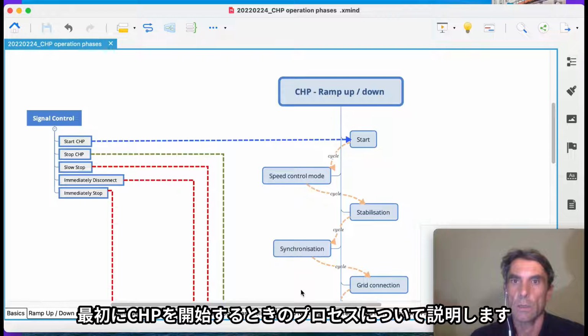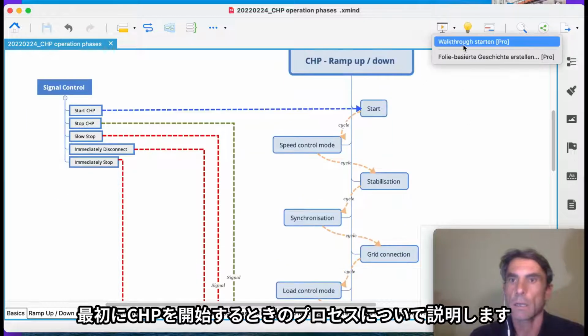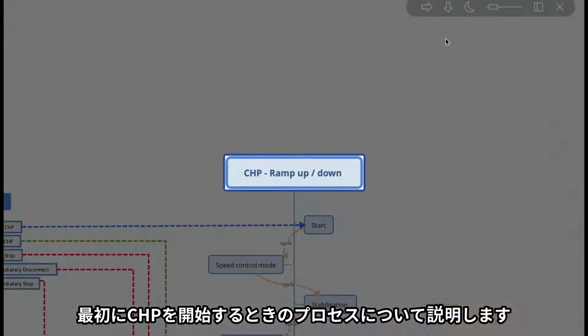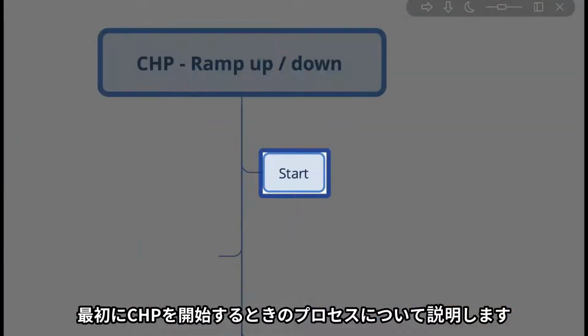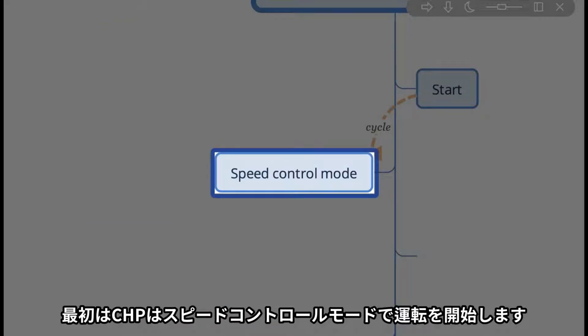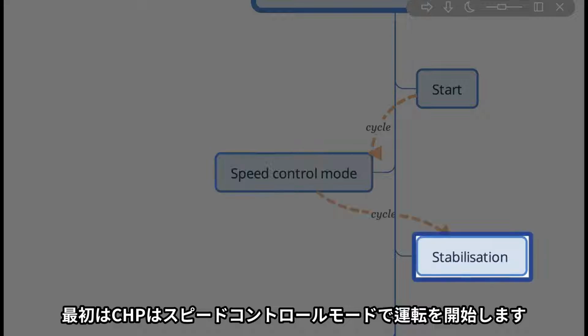So first we have our process. First we have the start. From the start we go into the speed control mode.